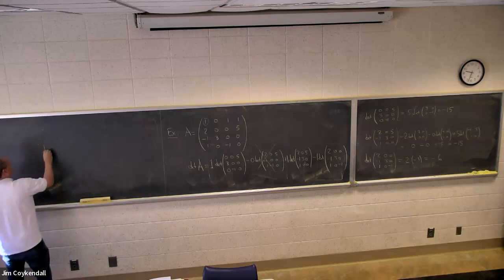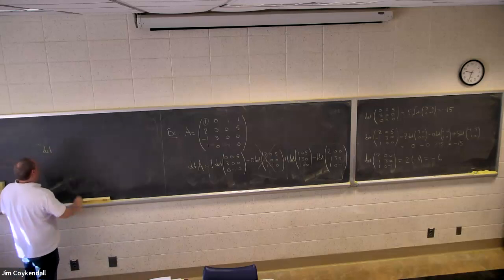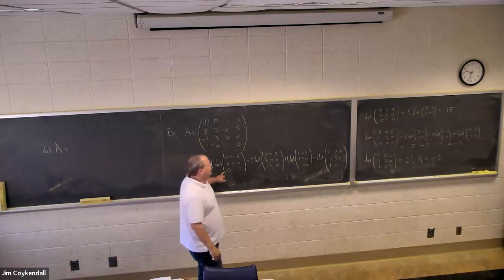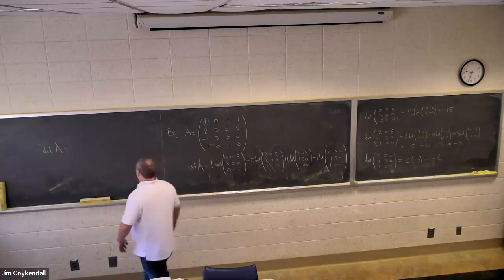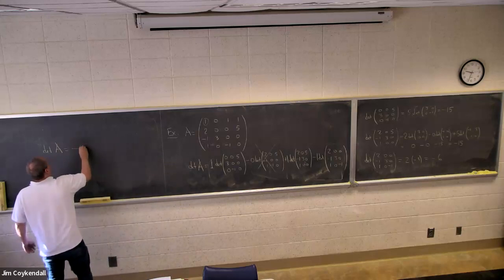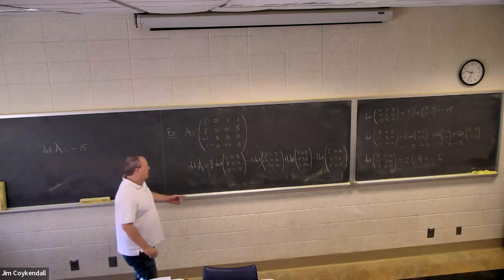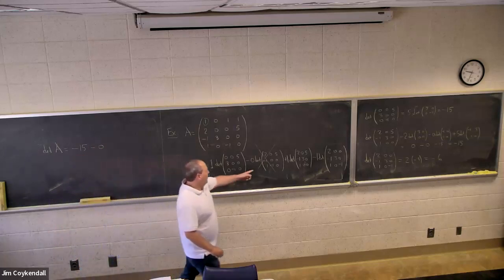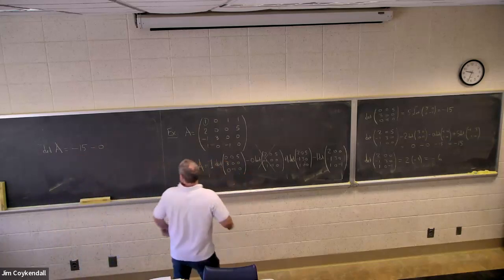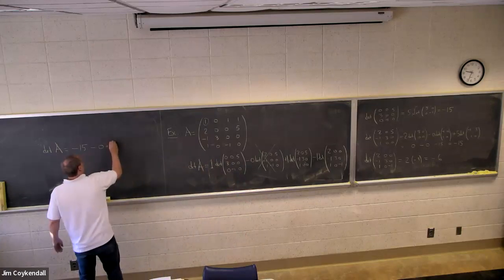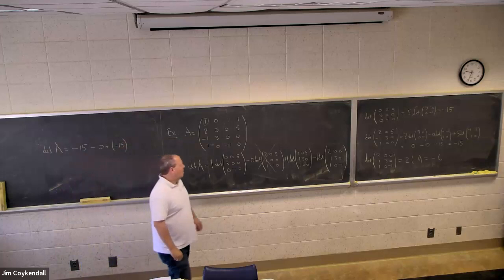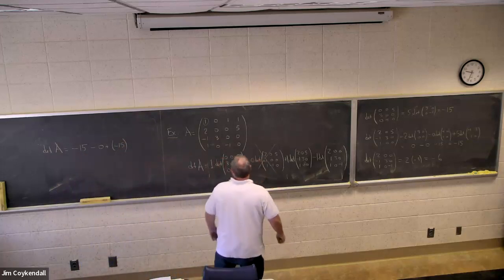The determinant of A, assuming I didn't make any simple calculation errors there, is this thing, which turned out to be minus 15, minus 0, plus 1 times the next determinant, which is minus 15, minus minus 6.